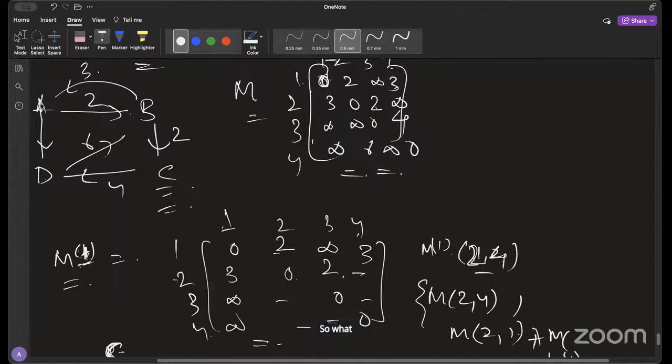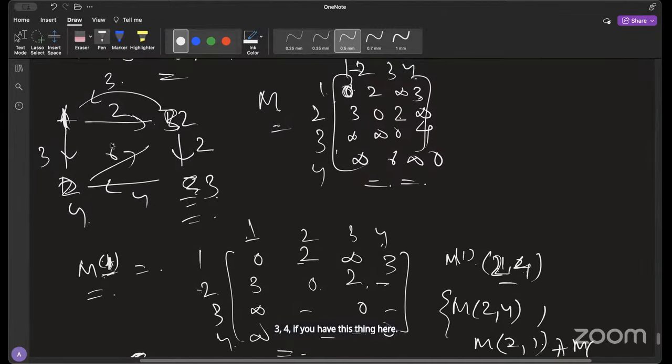So what you're doing is, 1, 2, 3, 4. If you have this thing here, the first one was the direct distances. This connection is basically the direct distances from this to this to this, right? And this one means you have to go via 1.